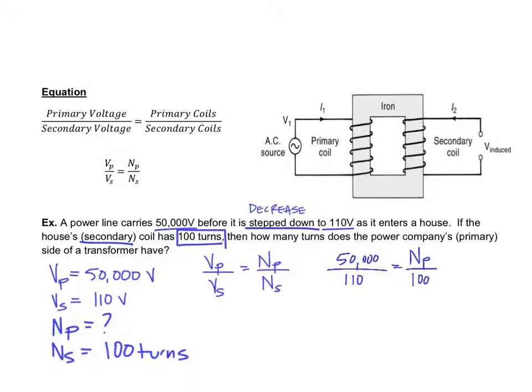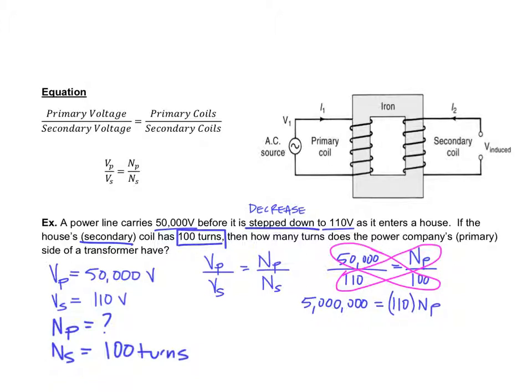Now I've plugged in everything I know. Since I've got two fractions, all I have to do is cross multiply. So 50,000 times 100 gives me 5 million, and 110 times Np, primary turns, is 110 Np.